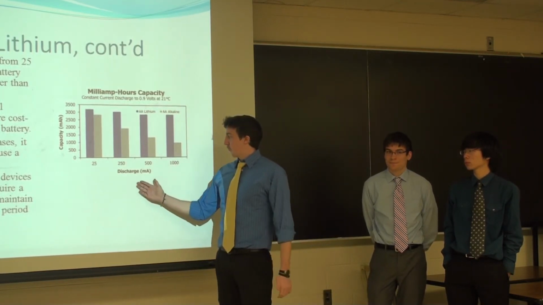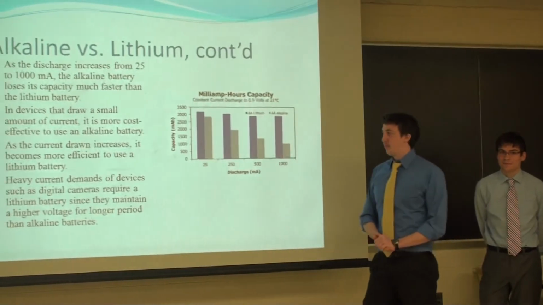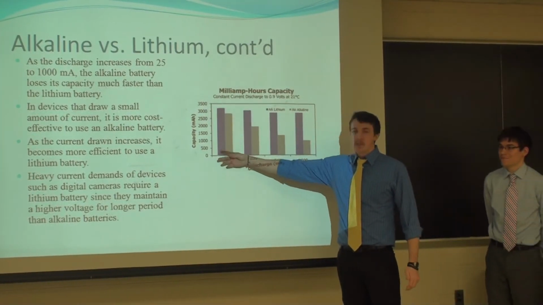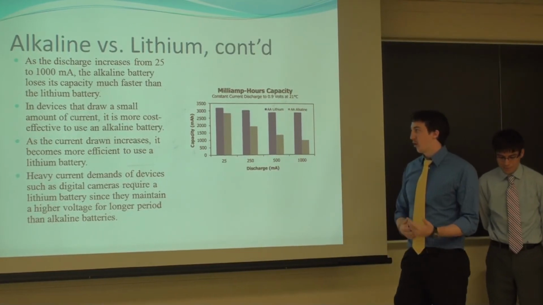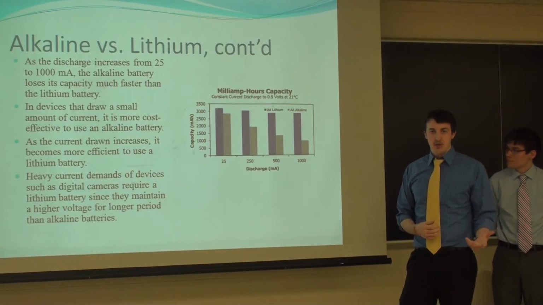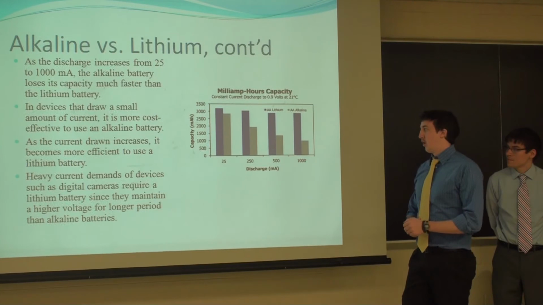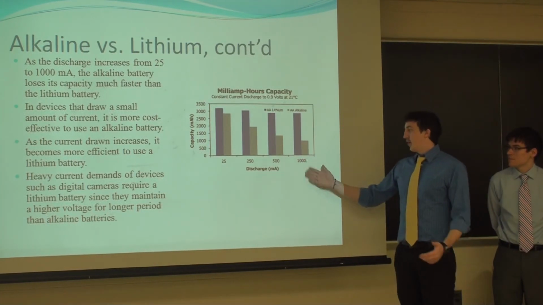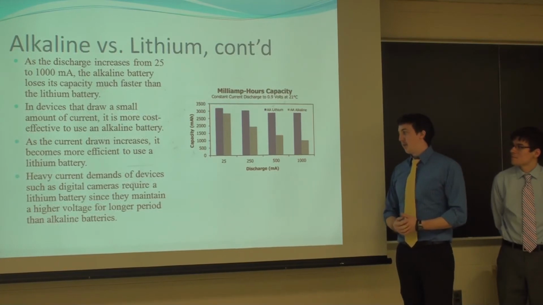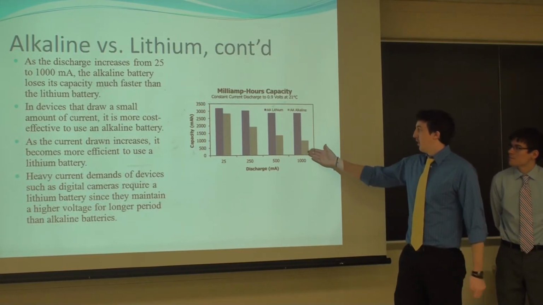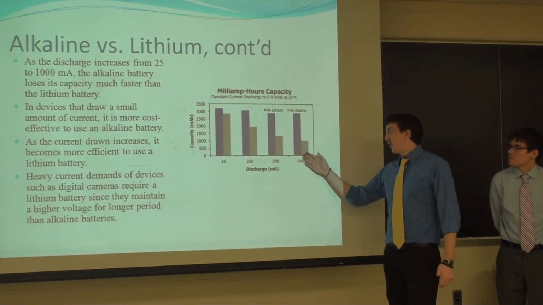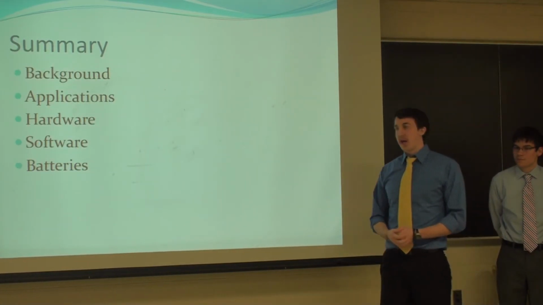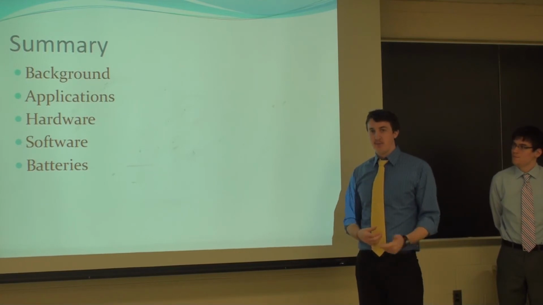When you have a 25 milliamp drain, your alkaline battery is going to last you almost as long as your lithium battery, so it's really more cost effective to just use an alkaline battery when you are going to have a slow drain like that. Then on the other hand, with your high drain 1,000 milliamp continuous, your lithium battery performs much better than your alkaline battery.